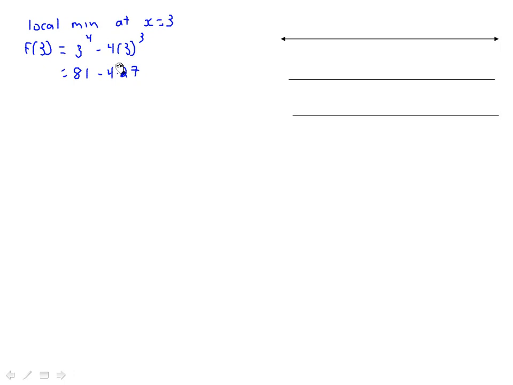So we're going to get an interesting graph for this one. 81 minus 4 times 27 should give us negative 27. So f at 3 is equal to negative 27. So 3 comma negative 27 should be the minimum value.